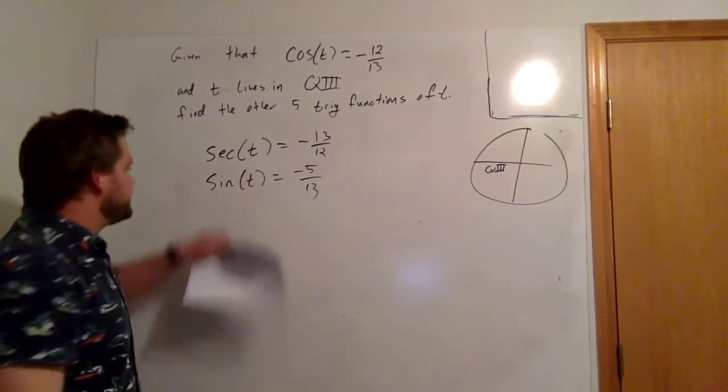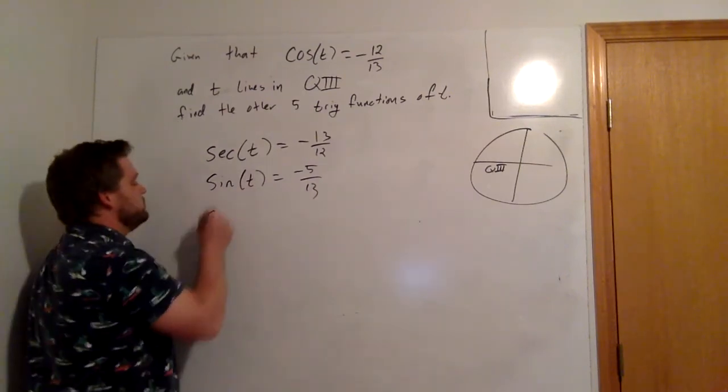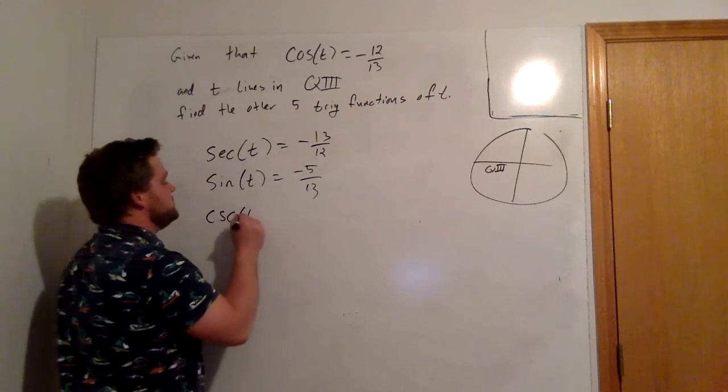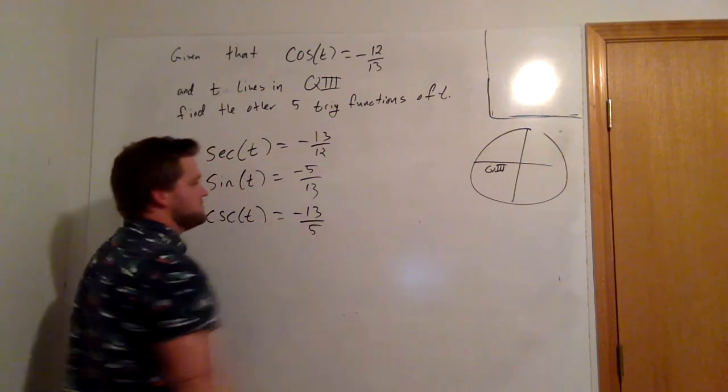Now that I know sine of t, I can quickly figure out cosecant. Cosecant is the reciprocal, so cosecant of t will be negative 13/5.